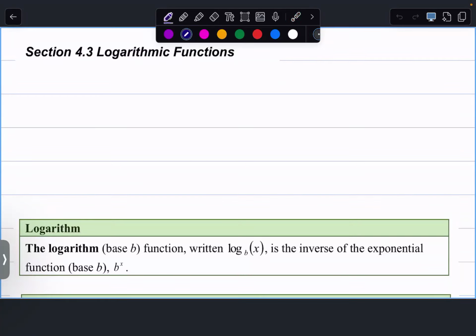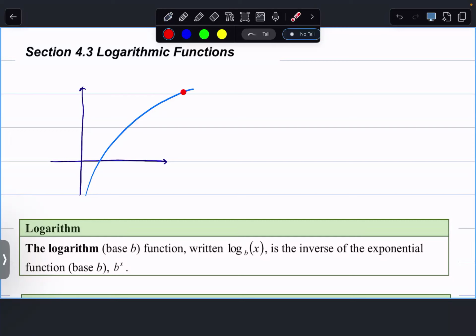Now, a logarithmic function looks similar to the exponential function. It's going to look something like this arch here.